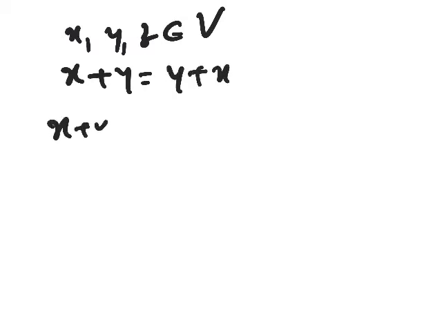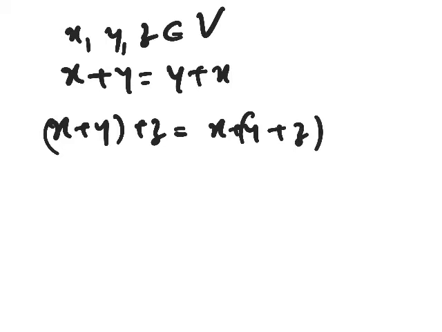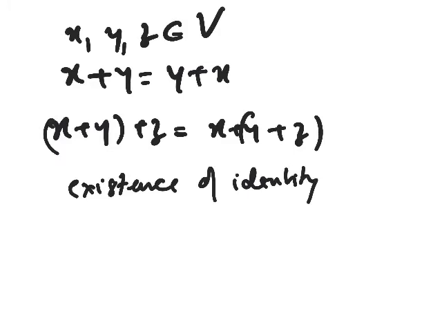Then x plus y plus z should be equal to x plus y plus z, associative. Then, wait, distributive will come. Existence of identity, that is you have x plus 0 equal to x. So this 0 is a 0 vector.